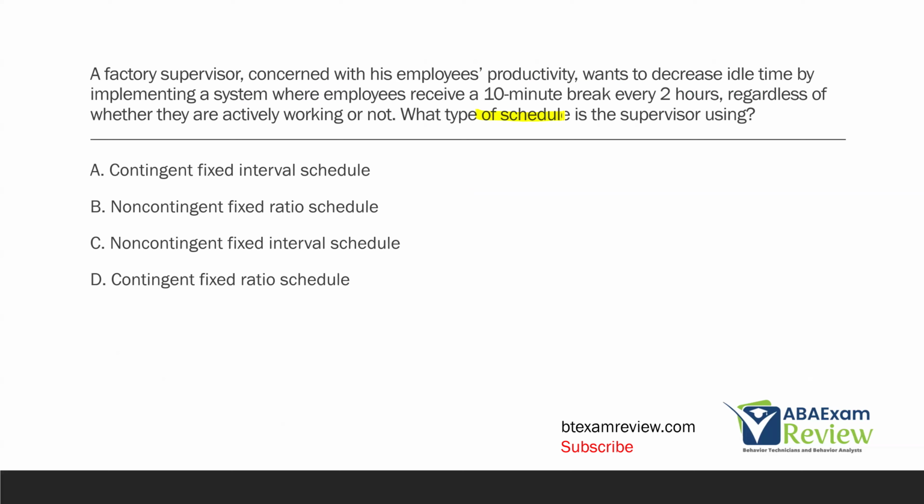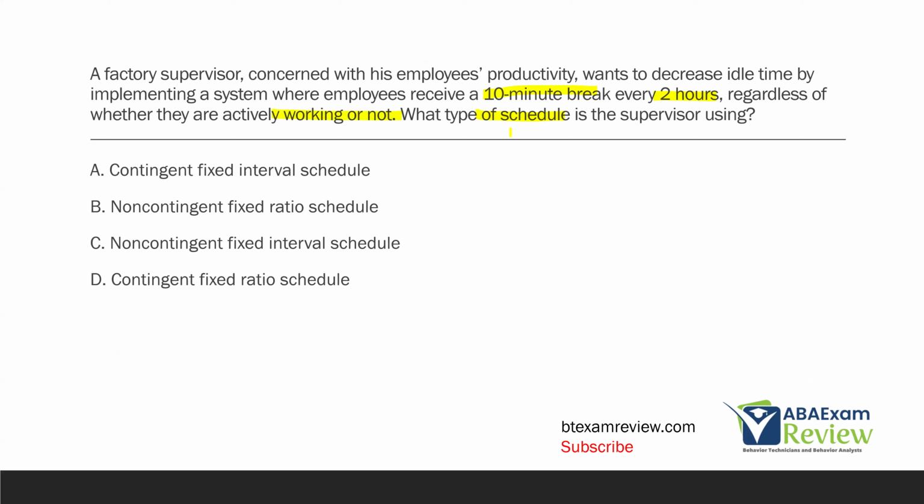Let's start with what basic reinforcement schedule we are using. We know the supervisor wants to decrease idle time, where the employees receive a 10-minute break every 2 hours. So let's look at that first. Every 2 hours, you're getting a 10-minute break, regardless of if they're working or not.